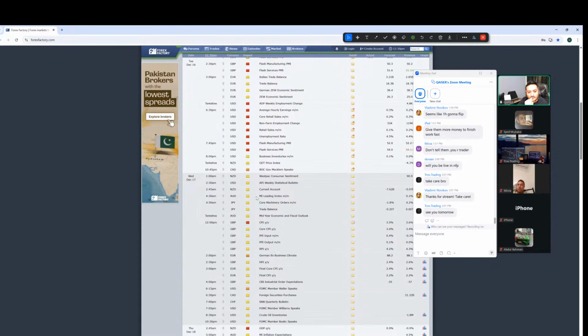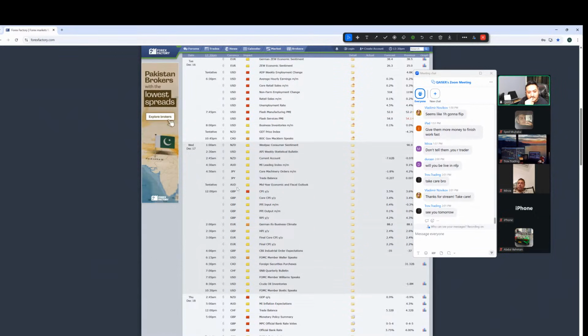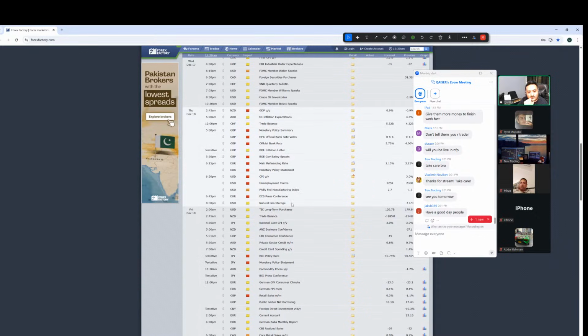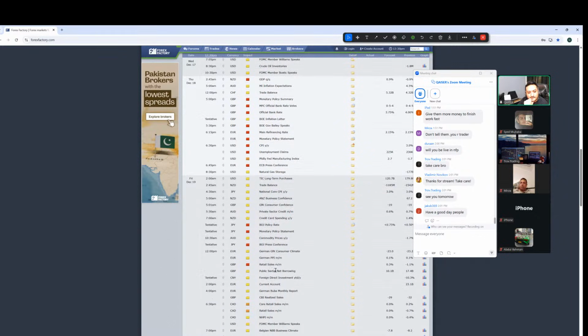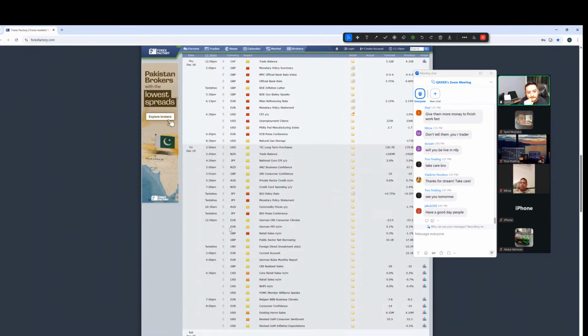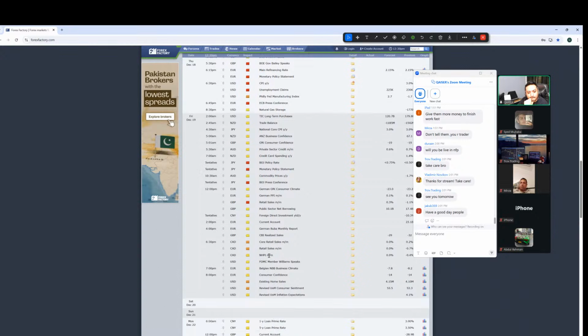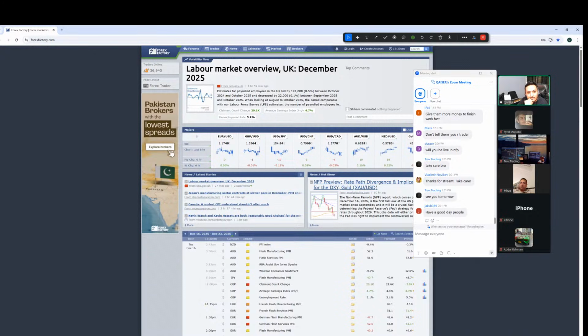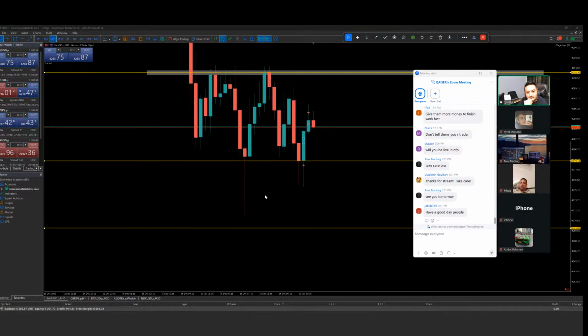Okay, so tomorrow we are having just a clean day, just CPI of pound yen, at 12 p.m. of my time. Wow, look at this week. We are having CPI then Friday. This week is going to be a wild one.